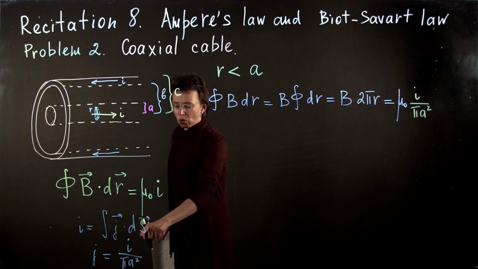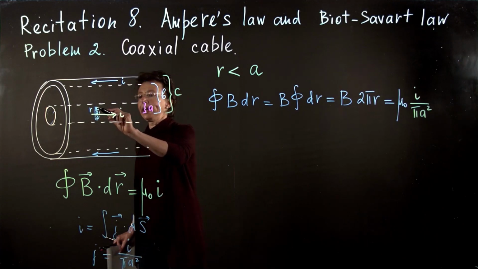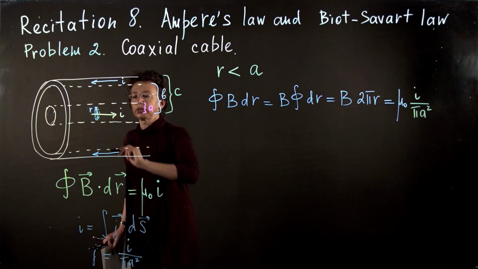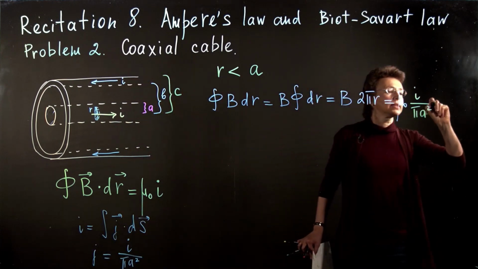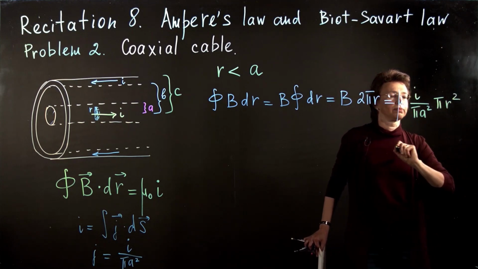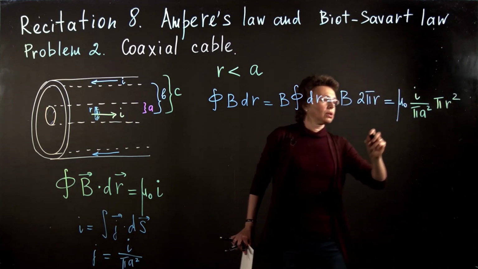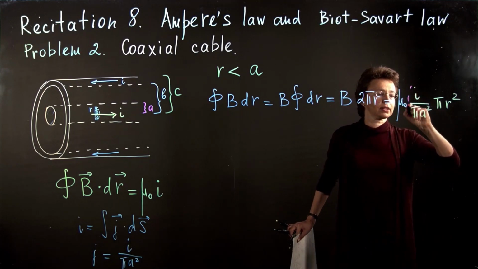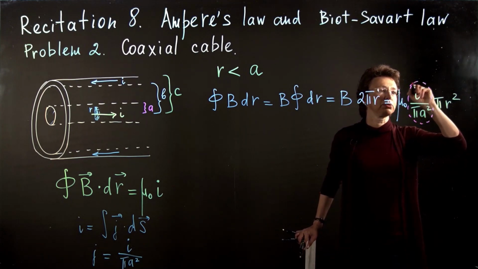And now what is the area bounded by this loop? The area bounded by this loop is pi r squared. This is, let me use a different color, current per unit area.